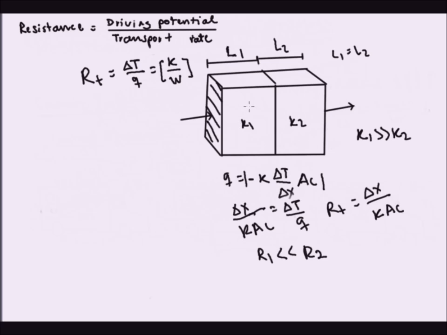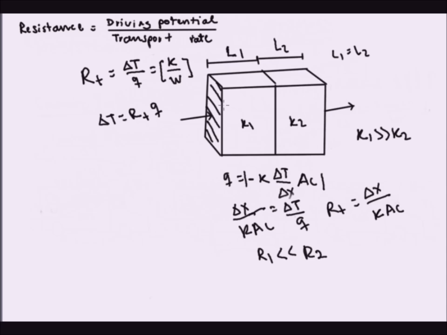So because of that, since for the first material you have a lower resistance, you need a lower driving force. From this expression, if we rearrange as delta T equals RT times Q, if your resistance is lower, that means that your temperature difference must be lower also to transfer the same amount of heat, right?